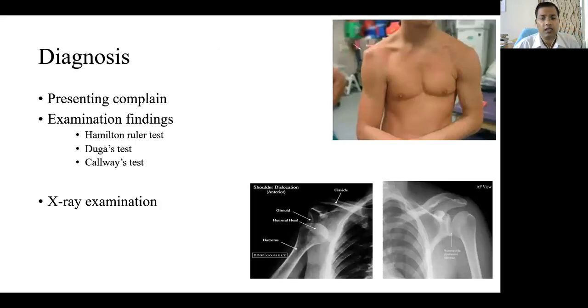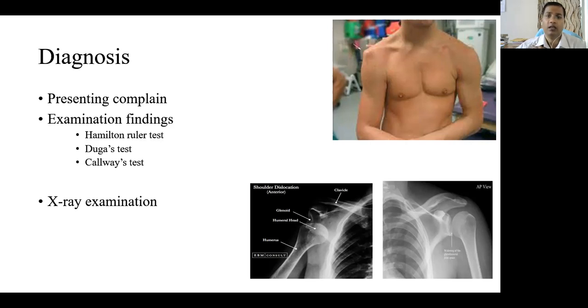How do you diagnose shoulder dislocation? Usually the position of the patient, the situation in which the patient comes, and the presenting complaint are very important. Usually the patient comes with a history of anterior dislocation: a typical fall on an outstretched hand.